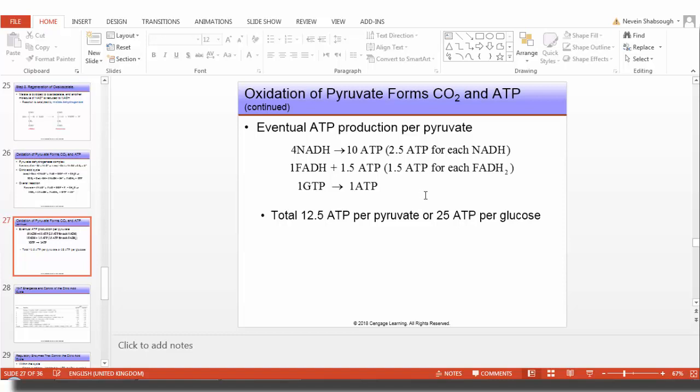So what we can say is that these important reactions play a large role in the cycle's contribution to our metabolism. One purpose of the cycle is to produce energy. It does this by producing GTP directly and by producing reduced electron carriers in the form of NADH and FADH2.